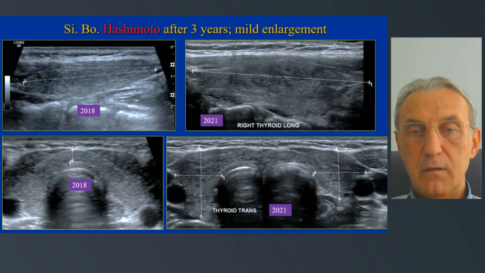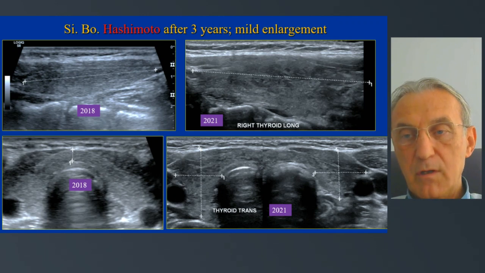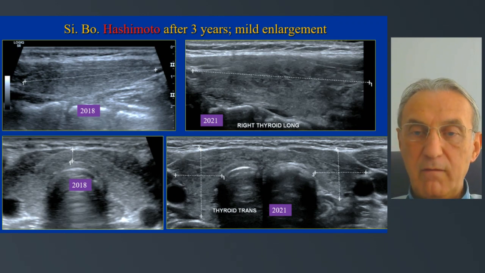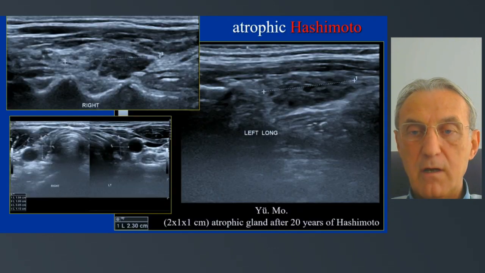It's a typical Hashimoto pattern. This is another patient. On the left, you see the image in 2018, and after 3 years, on the right side, there is mild enlargement of the gland, and it is more heterogeneous now.